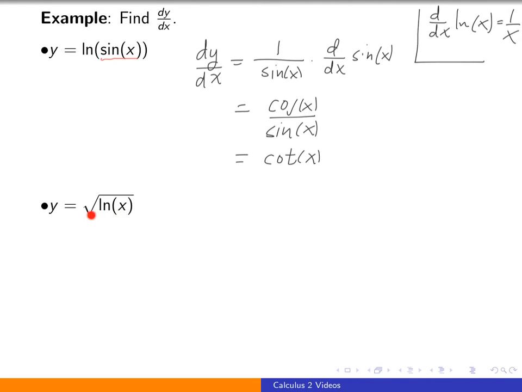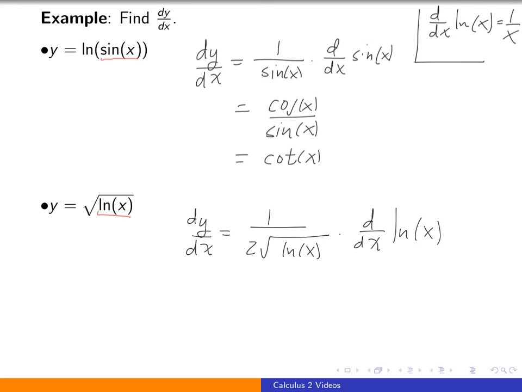Similar in this second example, we see we have a composition. We have natural log as our inside function, square root as our outside function. So if we want to differentiate this, the chain rule tells us we take the derivative of the outside function, so that would be 1 over 2 square roots. We evaluate this at the inside function, and then we multiply it by the derivative of the inside function.